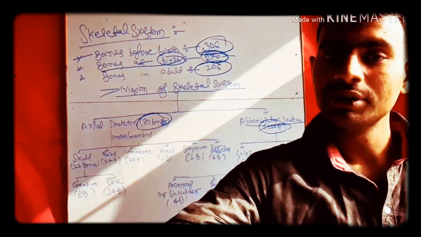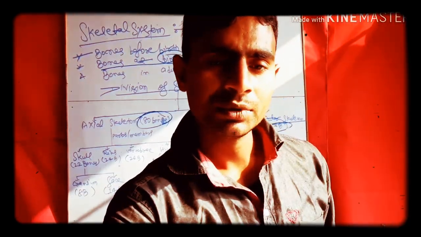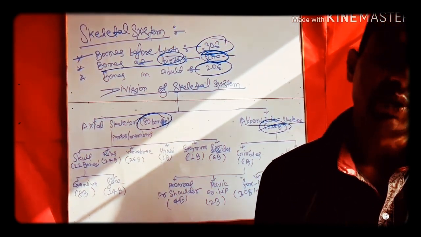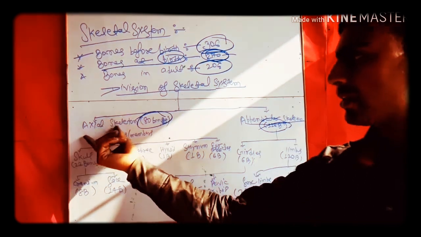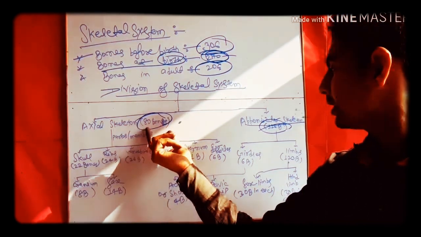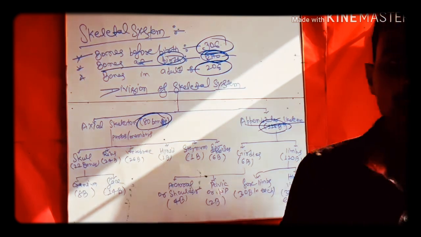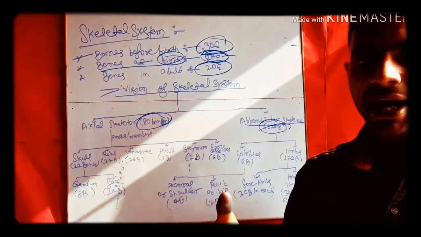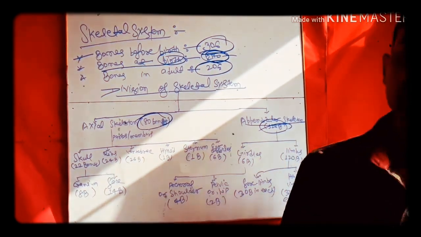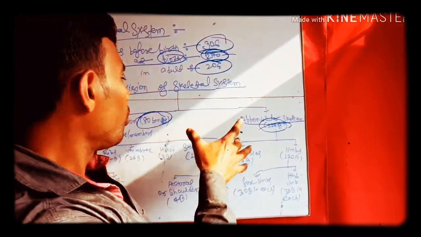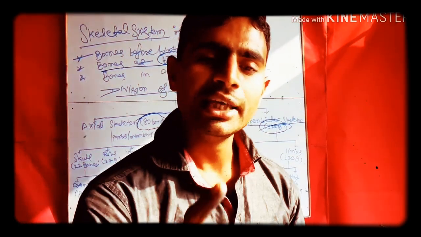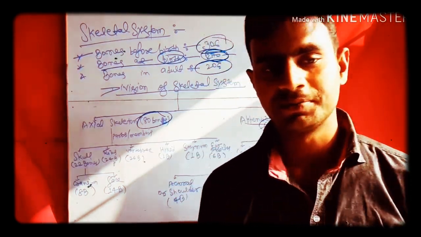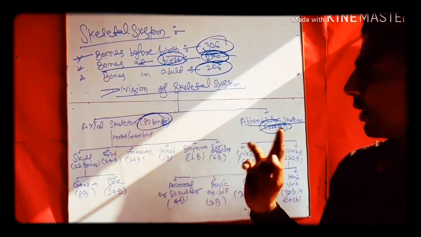But over time, bones fuse with each other and the number of bones decreases. So in the axial skeleton 80 bones are present, and in the appendicular skeleton 126 bones are present. When you add the axial and appendicular bones, you get 206 bones.